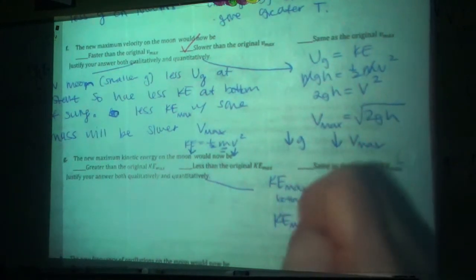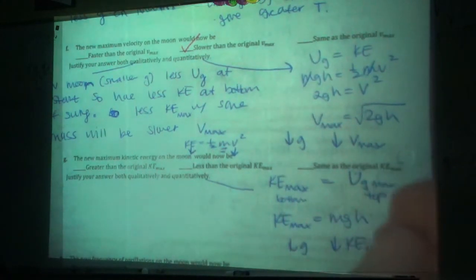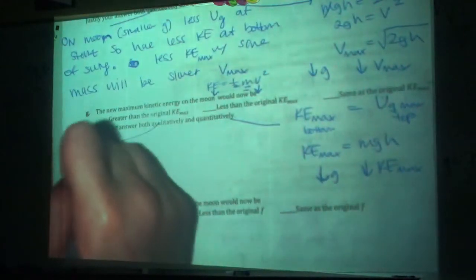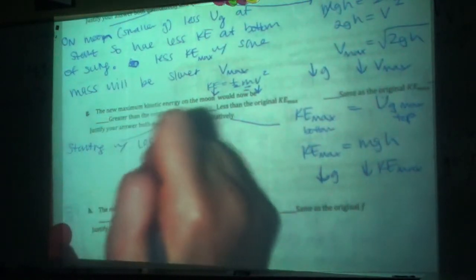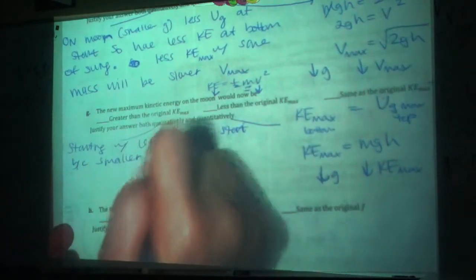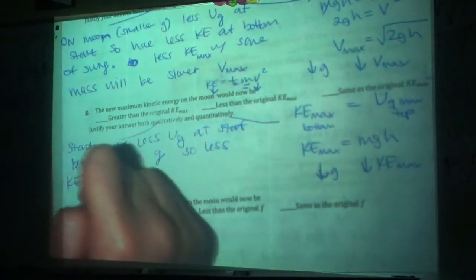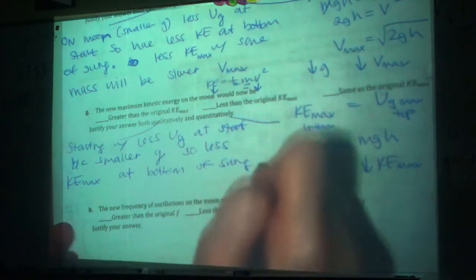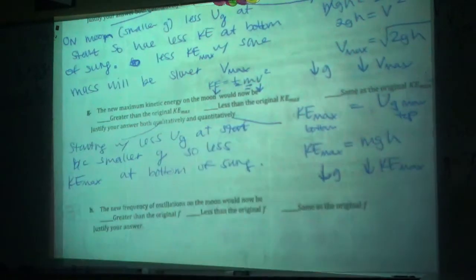If you decrease g, you're going to decrease KE max. Then explain this in words: you start with less gravitational potential energy because you have a smaller acceleration due to gravity, smaller g, so you'll have less KE max at the bottom of the swing. It's basically the same reasoning as before, but relating just the energies, not the speed.